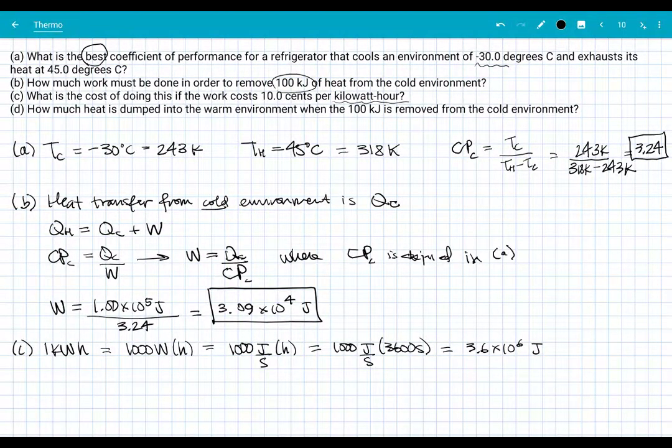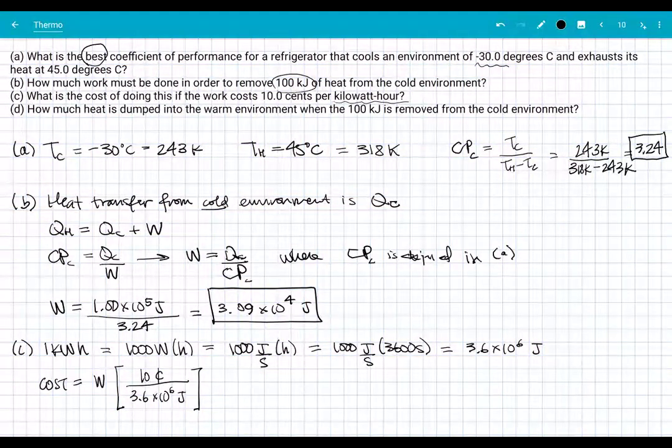Let's move on. This question is asking, what is the cost of doing the work if it's 10 cents per kilowatt hour? So the cost is equal to whatever the work is that I'm doing, which is going to cost 10 cents for every 3.6 times 10 to the 6 joules. I'm putting this all in joules because work is going to be in joules.